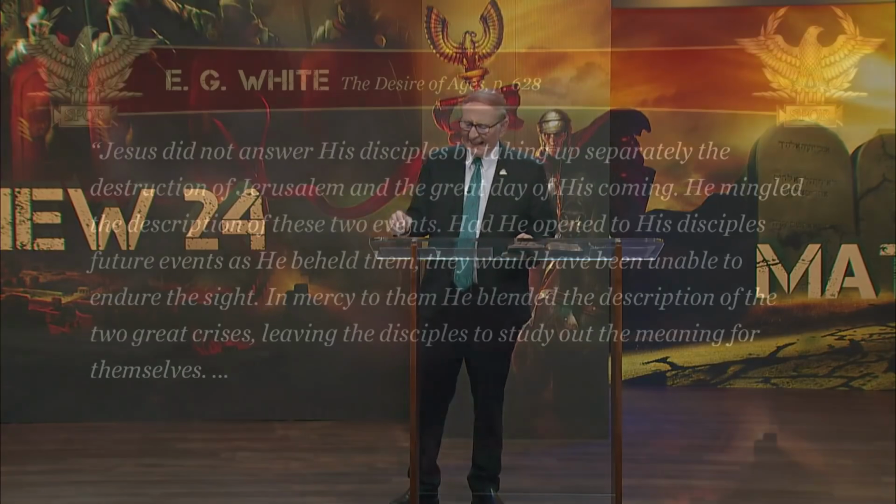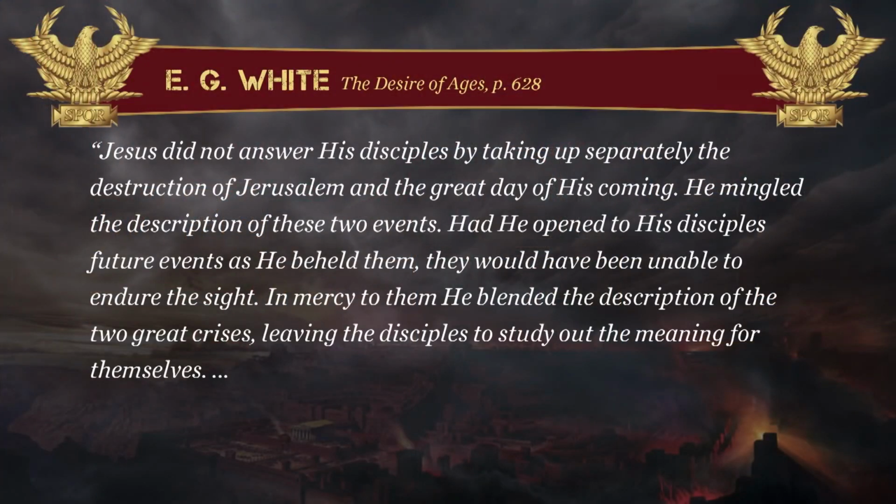Here's another one, Desire of Ages, page 628. Jesus did not answer his disciples by taking up separately the destruction of Jerusalem and the great day of his coming. In other words, Jesus didn't say, these are the signs that lead up to the destruction of Jerusalem, and these are the signs that lead up to the destruction of the world. No. She continues, he mingled the description of these two events.